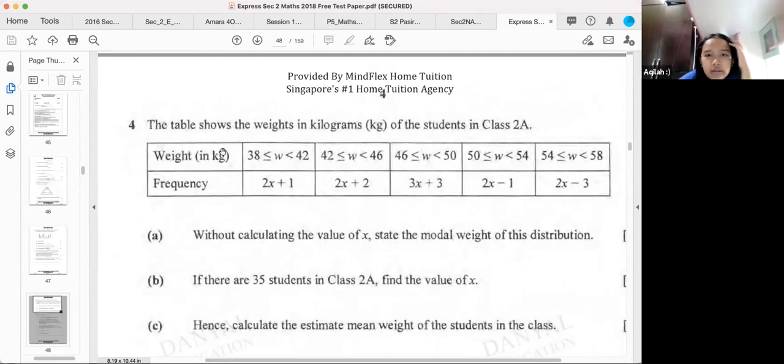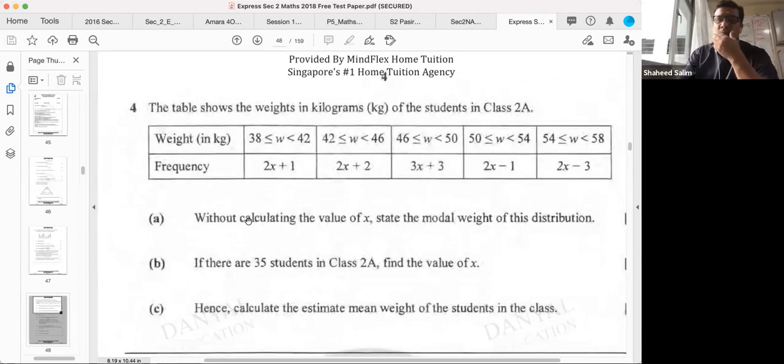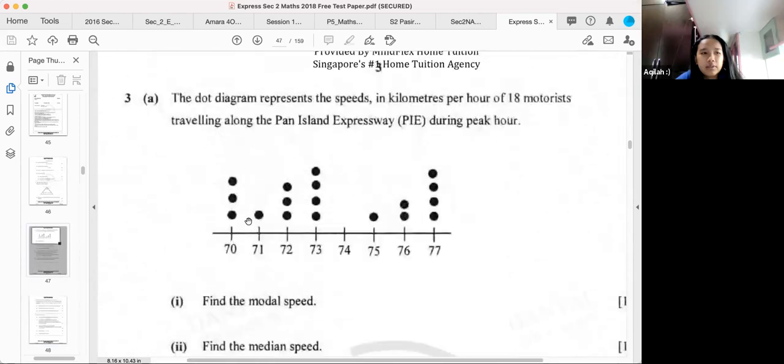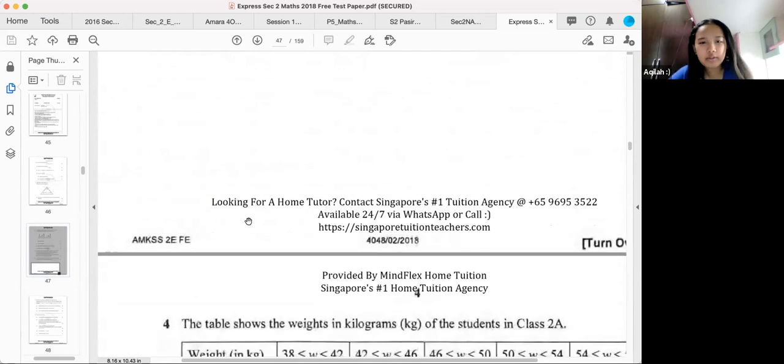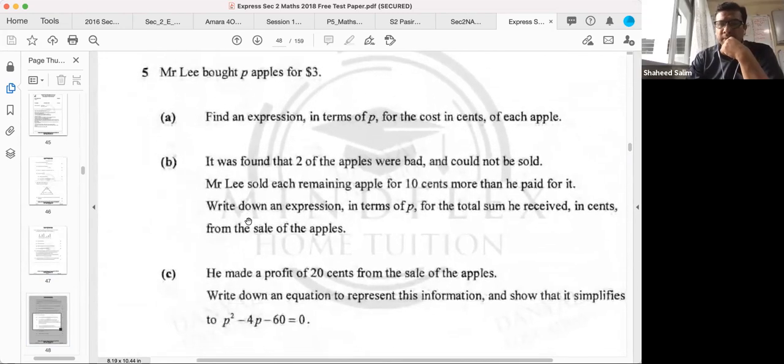Oh, we're not tested on that. This is inequalities, you know. So this one you're also not tested, huh? We're only tested on linear equations, not inequalities. Okay, all right. What about this one, number 5?